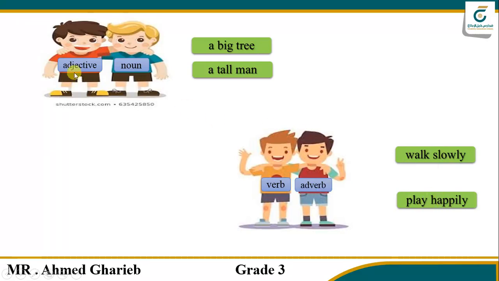So here the adjective describes the noun and it comes before it, but here the adverb describes the verb and it can come after it or before it or at the end of the sentence. Again, the adverb describes the verb and comes before or after it or at the end of the sentence.